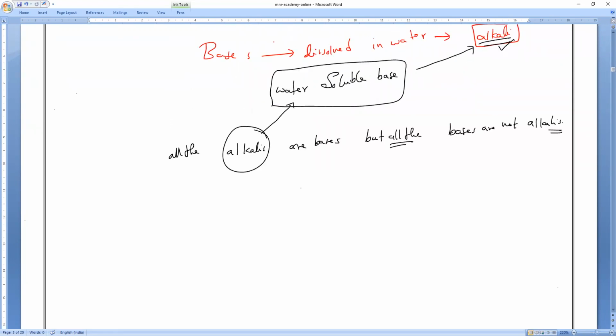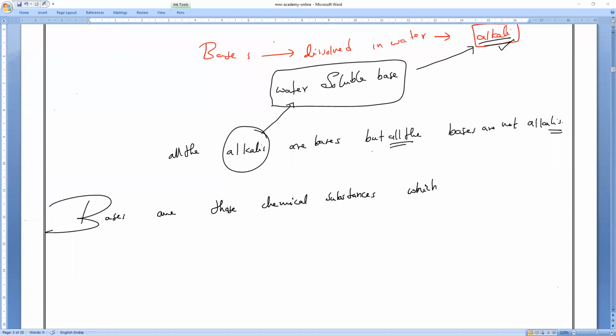Next, definition of bases. Bases are those chemical substances which give, so acids will give you what, guys? We studied: it will give you H plus ions or hydronium ions. Remember?